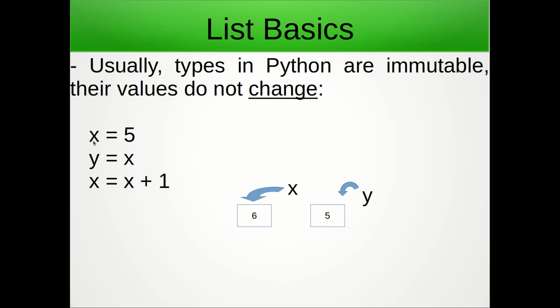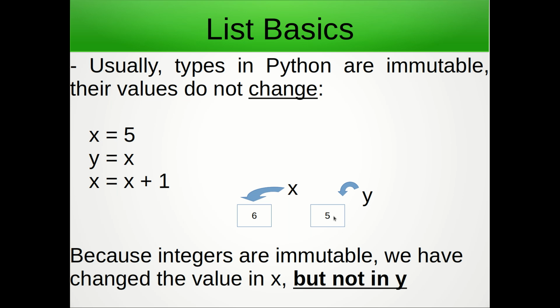Okay, so I initialize x to 5, y to whatever the value of x was in that moment, so 5, and when I do x plus 1, x takes a value of x plus 1, then x value moves to 6, but because Python variables are immutable, y value stays at 5. Okay?